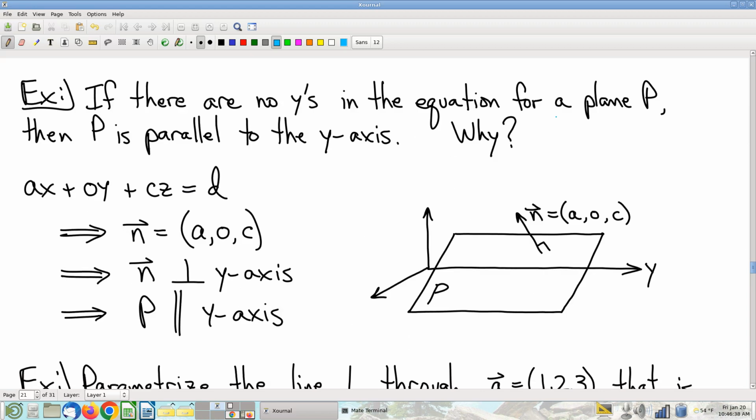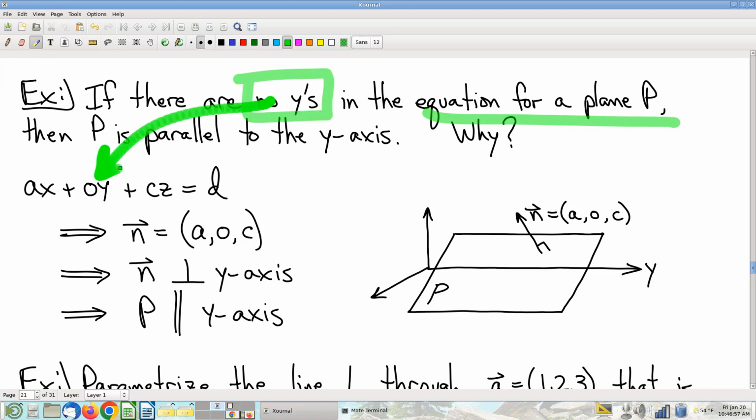Here's a neat fact. This gets used in various circumstances, and there's another version of this that we'll talk about later. If you have an equation for a plane, and if mysteriously there's no y's in it, the y term just isn't there, well, that's a little eyebrow raiser, right?